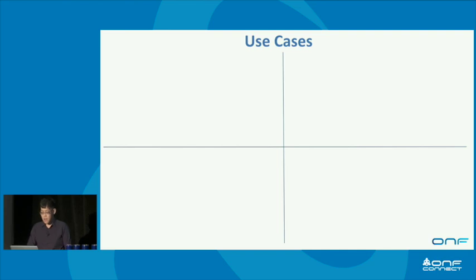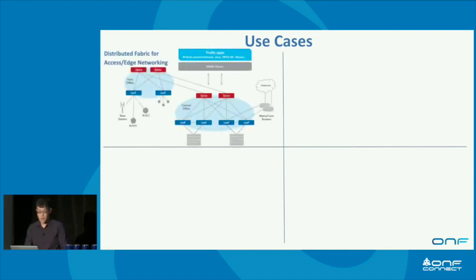For major use cases of Trellis, the first one, and also the one you're going to see in the Trellis booth, is a very typical service provider network. You're going to have a central office over here where you have a main fabric. You have your VNFs and computes attached to it. Of course, you have your upstream connectivities over here as well. And then you're going to have another field office that's closer to your subscriber, aggregating the traffic.